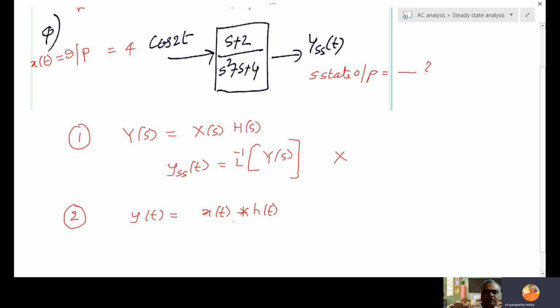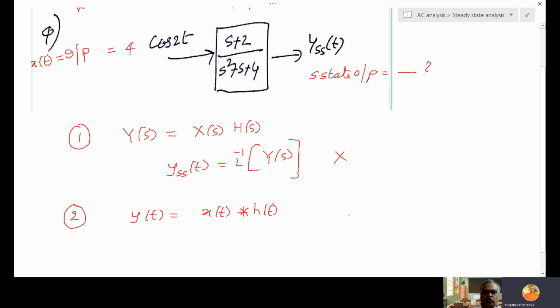By doing graphical convolution between these two functions, you can find the output. For any linear time invariant system, this convolution is applicable. If the impulse response of the system is known, by doing convolution for any arbitrary input, you can find the output. This is the concept you study in signals and systems.